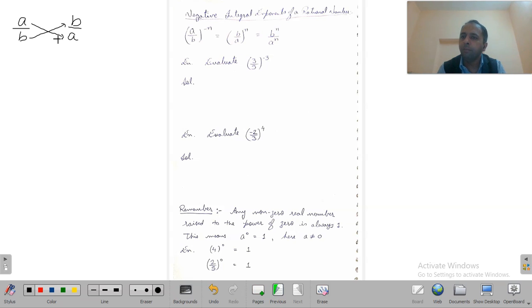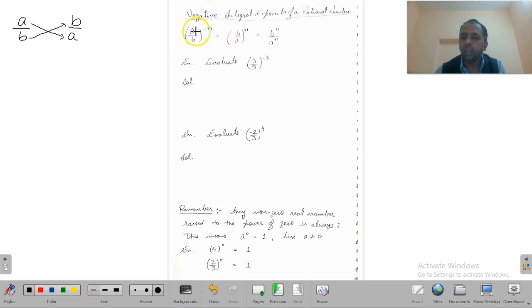Why is it important to understand here? Because we just understood that in the case of a negative exponent, we take the reciprocal value, and by doing so the exponent will become positive. Now if we have a rational number a upon b and the exponent is minus n, the exponent value is negative here.